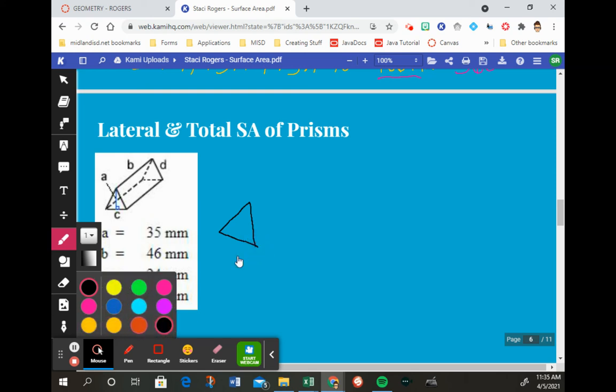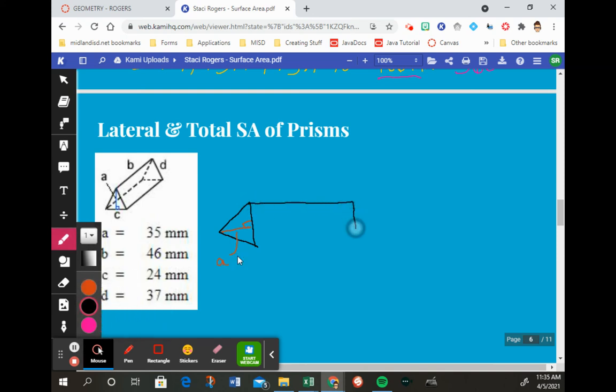It has a height right here called A. And we have a rectangle right here. We have another triangle on this end and a height called A on it.